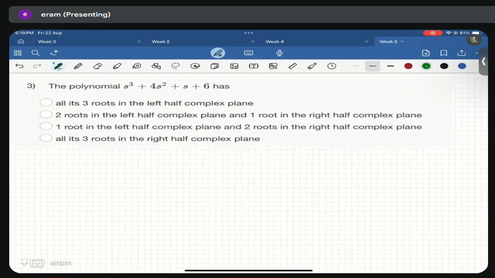For the given polynomial, identify which among these options is correct. The polynomial is s cube plus 4s square plus s plus 6.